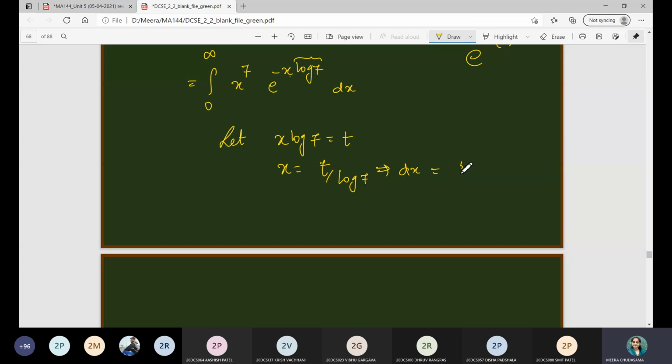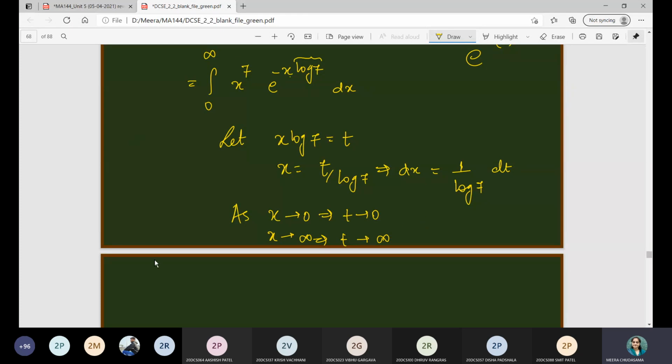So dx will be 1 upon log 7 dt, and as x tends to 0, t will also tend to 0, right? And as x tends to infinity, log 7 into infinity will also tend to infinity, so the integral limits will be 0 to infinity only.